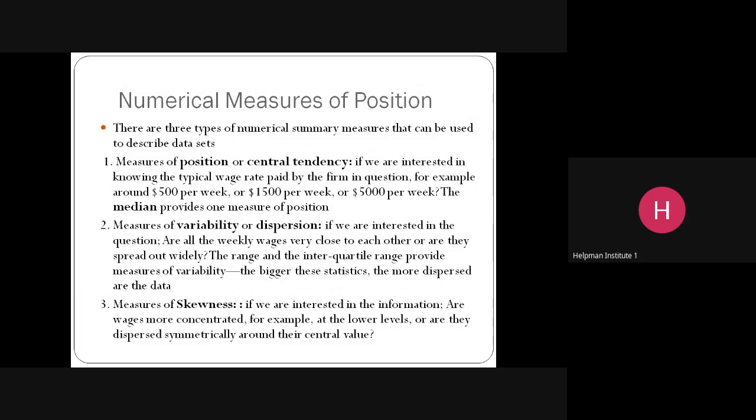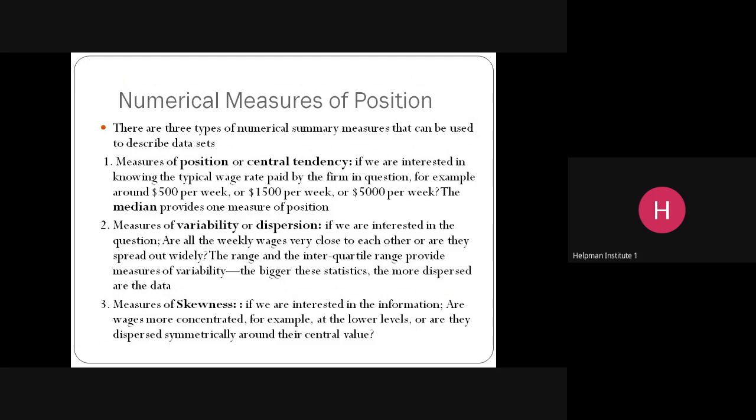Or if we want to know the wage that is paid most often weekly, that is the mode. So the mean, the median, and the mode are what we call the measures of position or measures of central tendency.